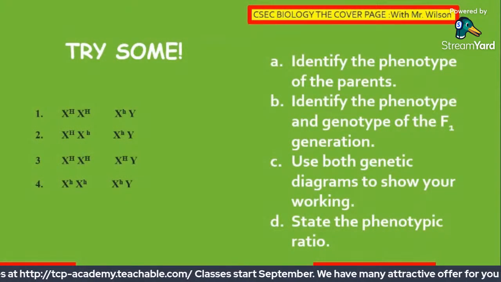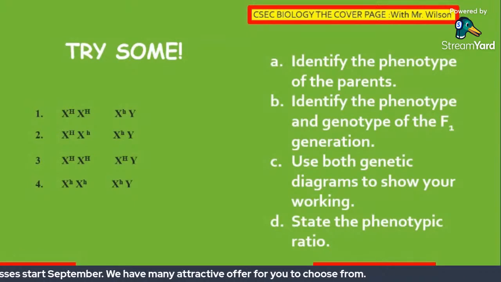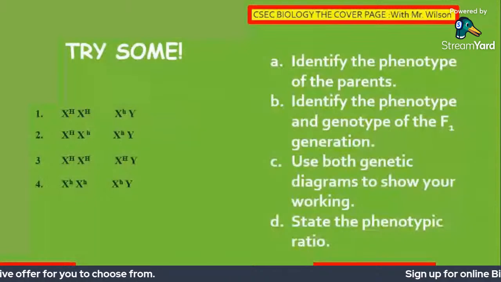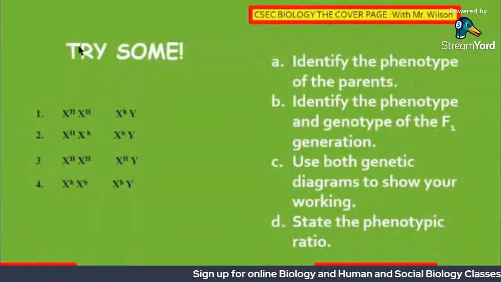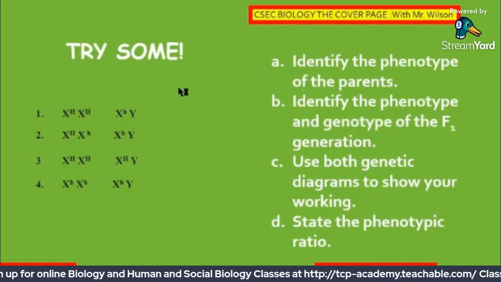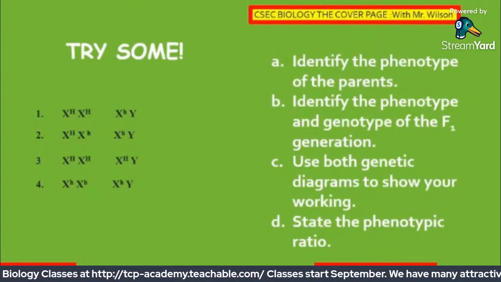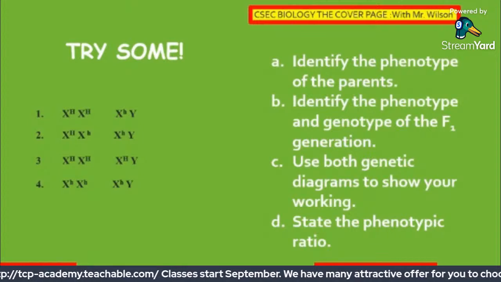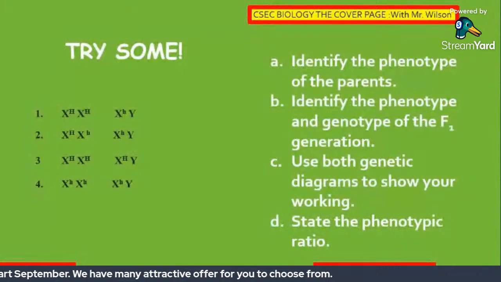Tell us what you would have seen based on your cross. All right, and I think that one of these might be similar to the one we've worked out, so probably you want to start from there, where we had a carrier female. I think we had a carrier female that we had crossed with a normal male. I'm not seeing that here. All right, but try that one if you so wish, so that you can, of course, be able to solve them with great ease.